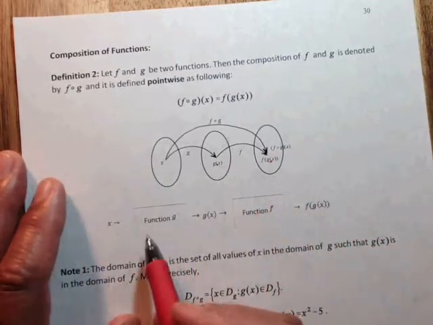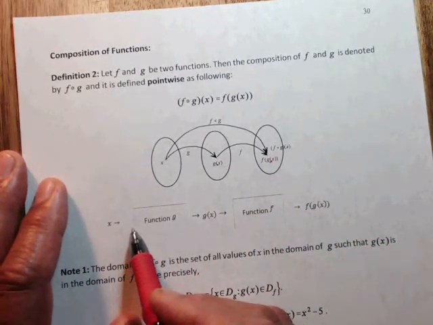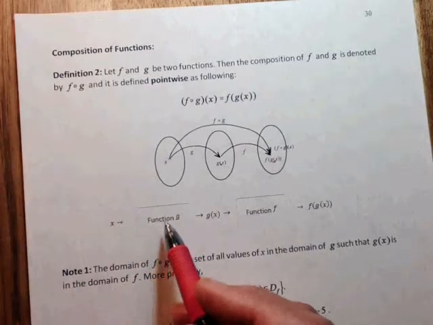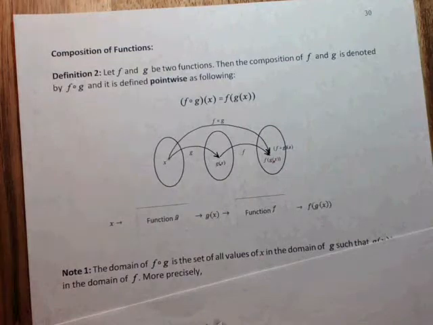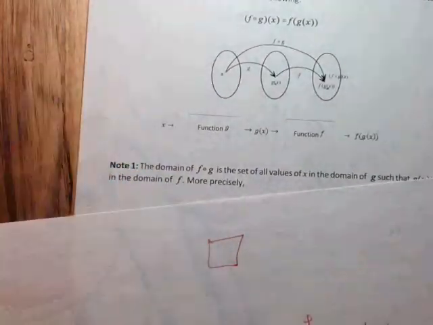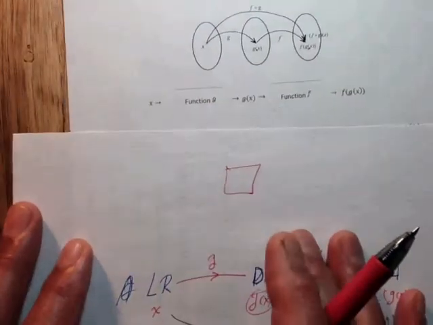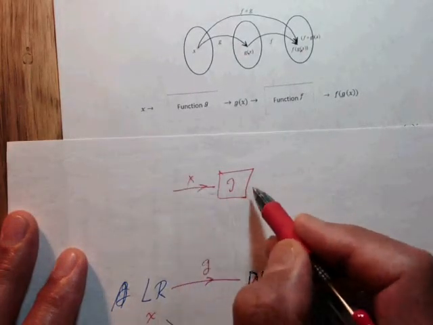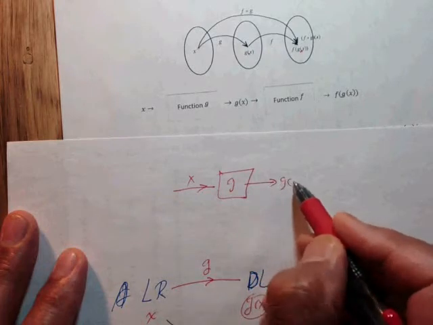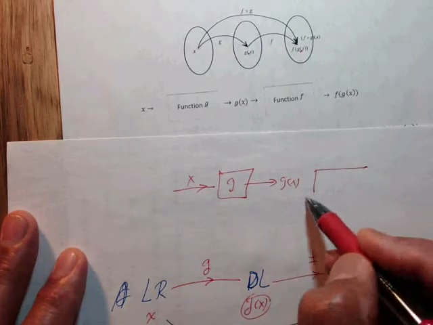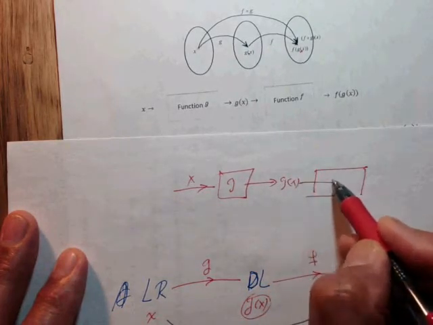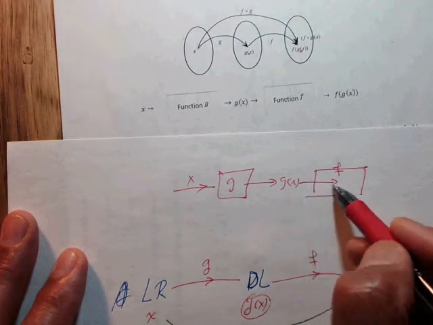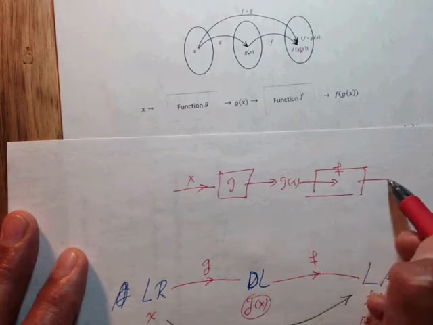Another way to do this is like, there is a function, this box here, and this is function G. You put X in it, then G of X comes out. Then there's another machine here. You put G of X in there, the name of this machine is F. Then when you put G of X in there, what goes out?